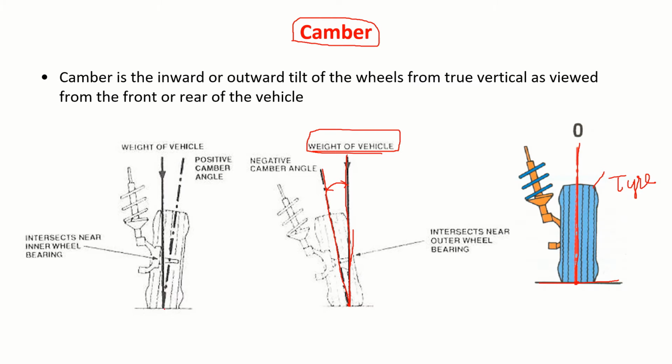Here also you can see the same way: a vertical line from the midpoint where it makes contact with the ground, and also the line which passes through the width of the tire, then it will create an angle.